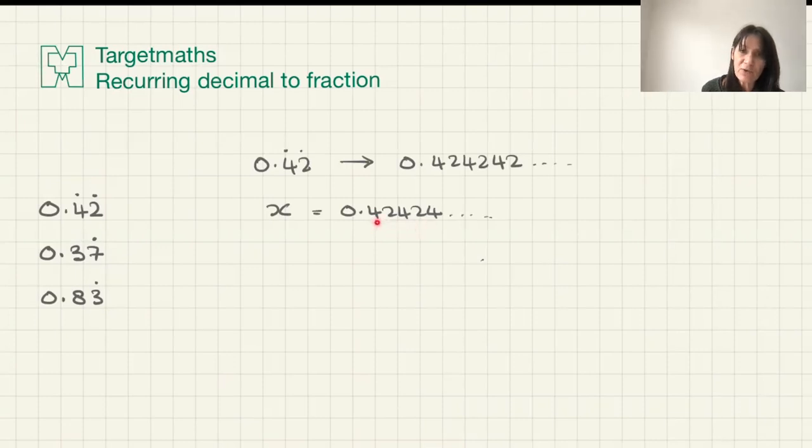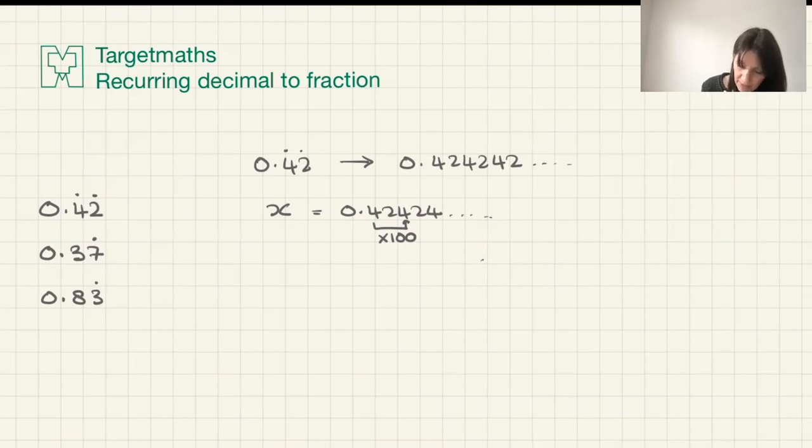If I look at this 4, it takes 2 place values before it repeats again, and then 2. That movement of 2 is telling me to manipulate what I have by timesing it through by 100.